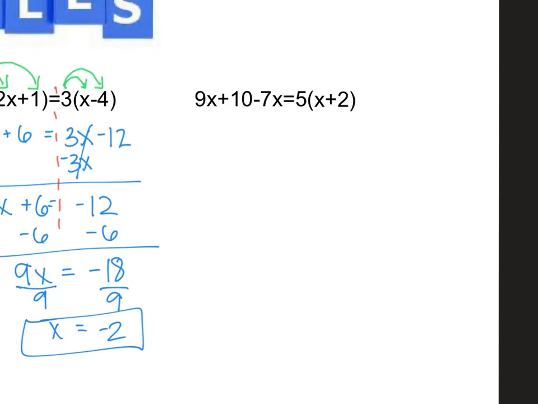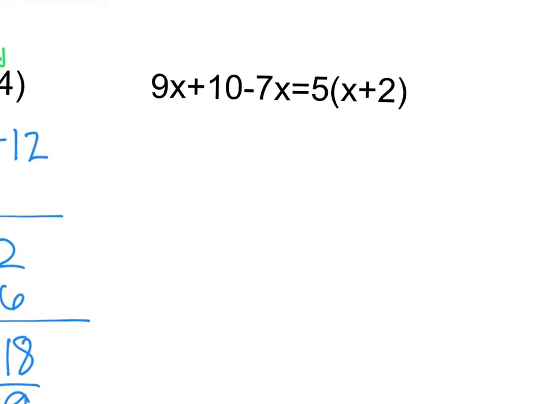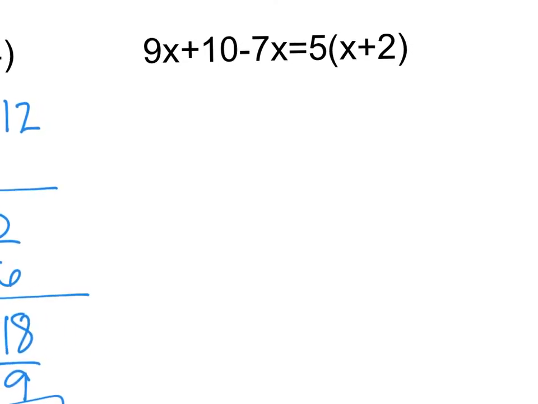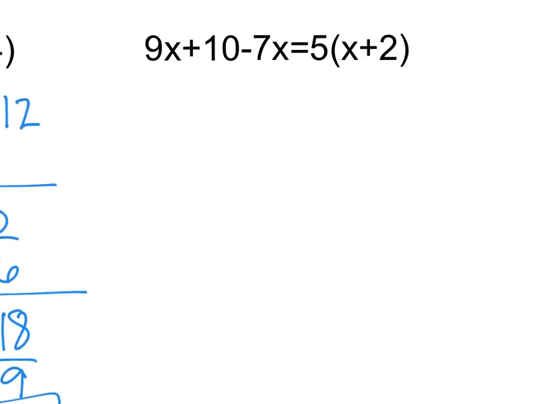Try it on your own, so go ahead and pause. Welcome back. First thing I'm going to do is make our little barrier so we can remember that we're working on each side of the equal sign.